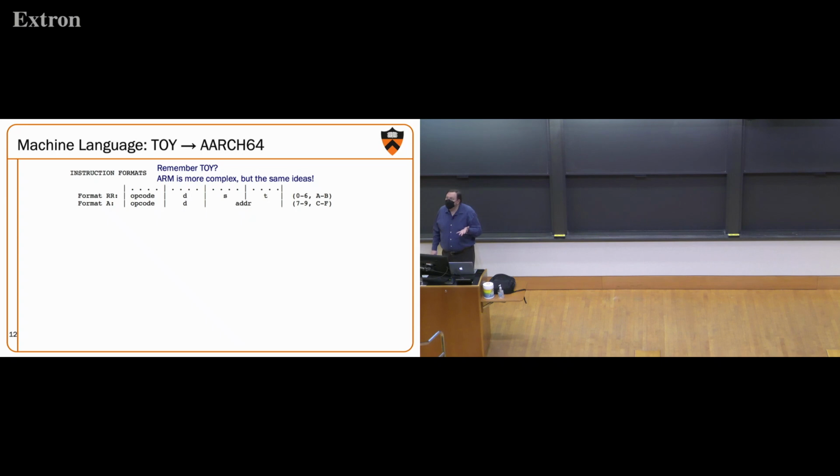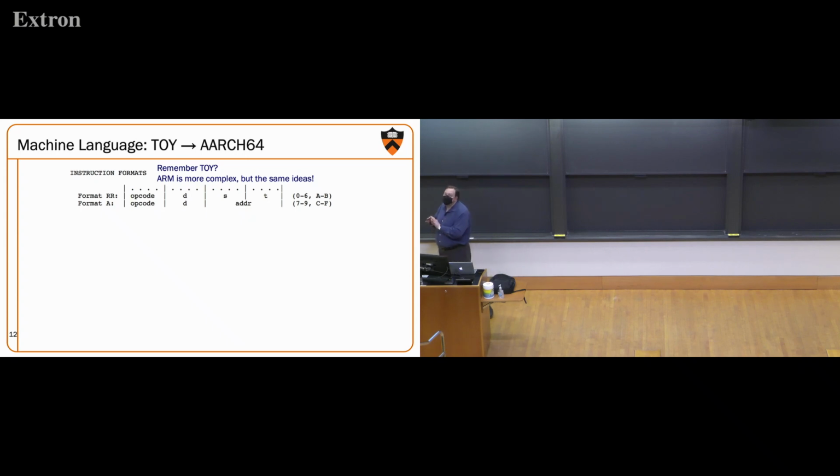Well, what we're going to be doing here is the same kind of idea. We're going to look at a variety of instruction layouts that are defined by the ARM 64-bit architecture. They're going to be messier than this. Sorry, nothing we can do about that. It's just the way the architecture is defined. But you're going to see a lot of the same features.